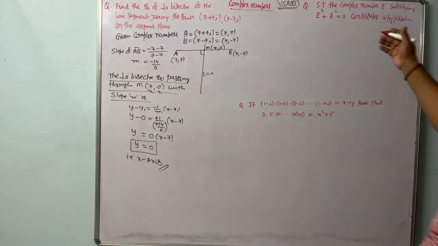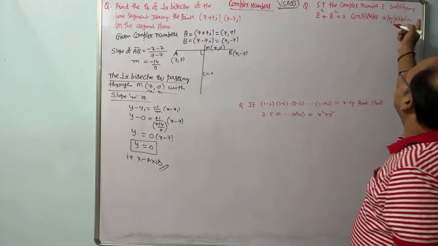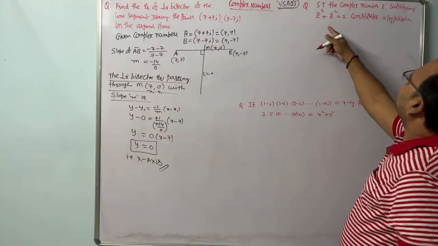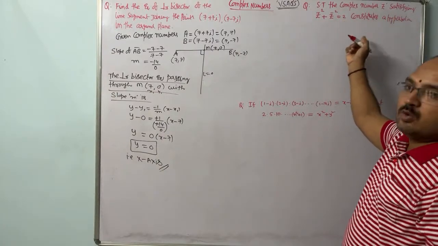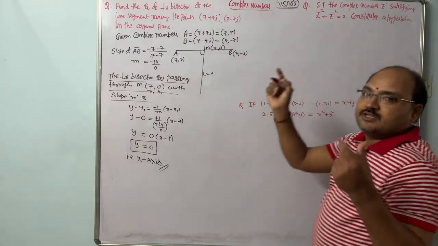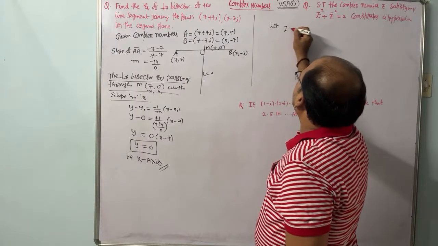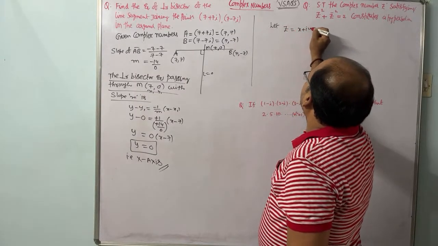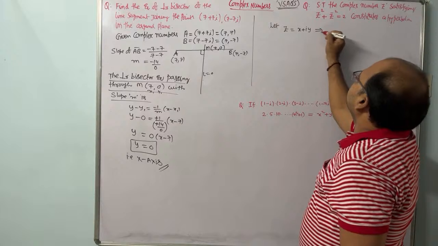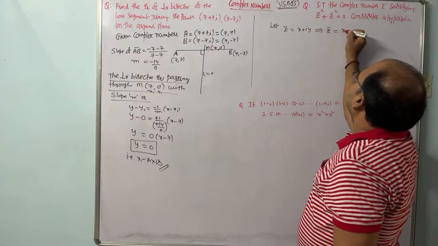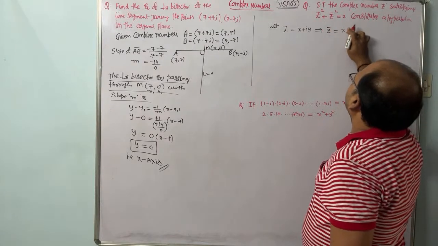Now come to this question. Show that the complex number z satisfying z square plus z bar square equal to 2 constitutes a hyperbola. Let z is equal to x plus iy. That implies z bar is equal to x minus iy.